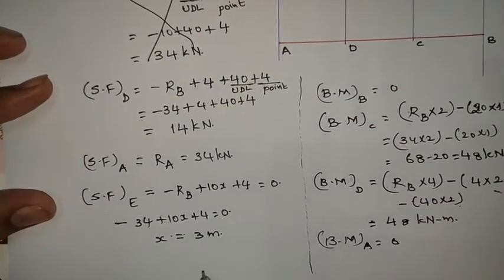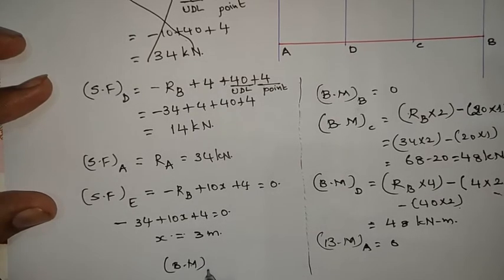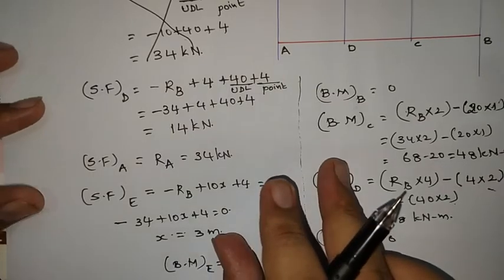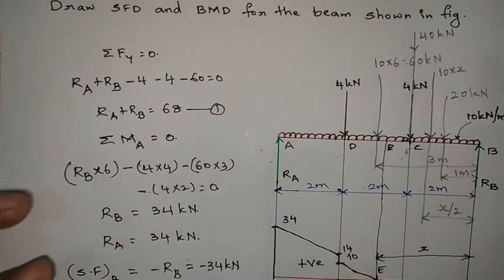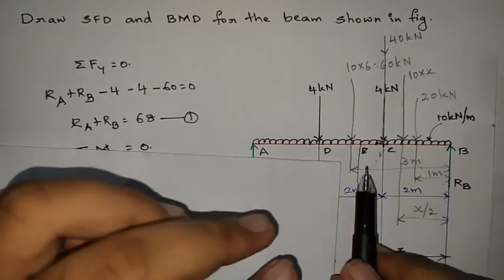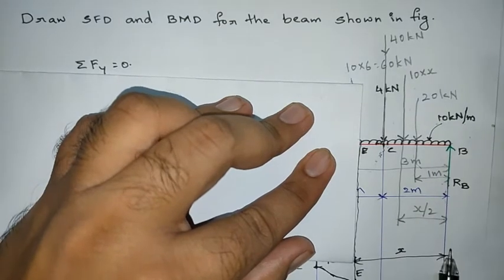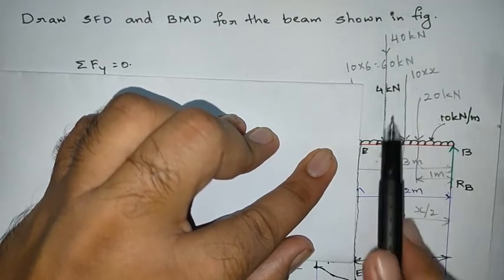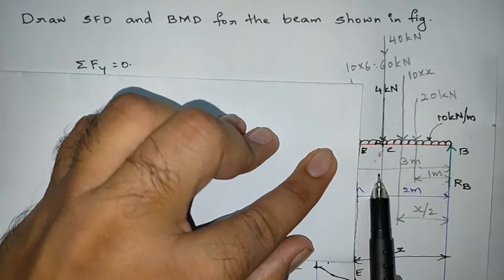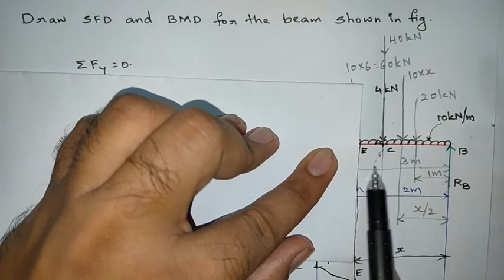Next, calculate the bending moment at E, that is the maximum bending moment where shear force becomes 0. So now what is the bending moment at E? So this is point E, close the left side of E, that is RB into X. Next, 4 into X minus 2.